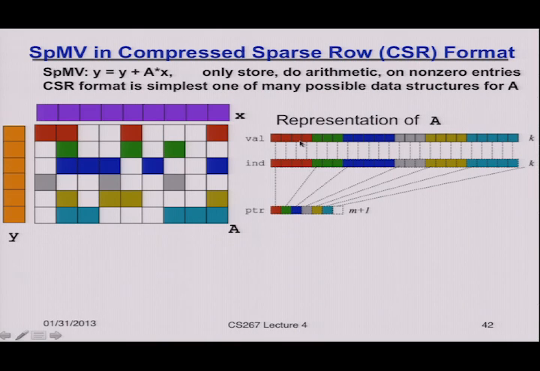But if that's all I do, I've forgotten where they are, so I need another array, the index array, which remembers what column they were in. For example, this is in column 1, 2, 5, 8, so these numbers are 1, 2, 5, 8. Each row keeps track of that. And finally, I have to remember where each row begins and ends, so I need one last pointer array which points to the beginning of each row. And that's going to be my simplest possible data structure.